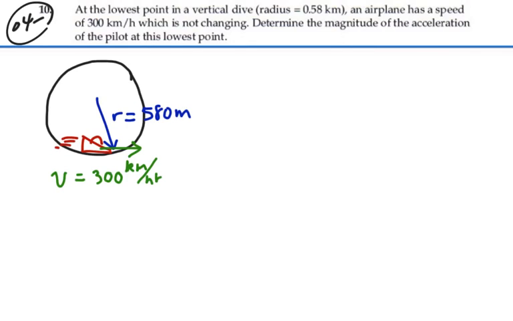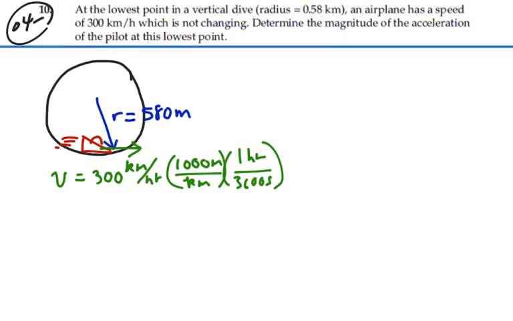We need to change that to meters per second. So we know that there's 1,000 meters per kilometer, and there is 1 hour and 3,600 seconds.